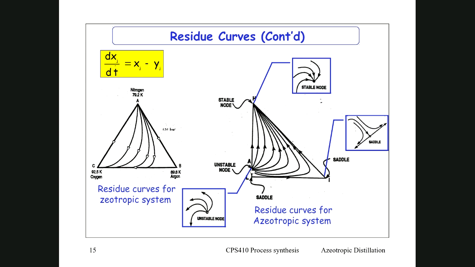And here we have an azeotrope somewhere between H and L, which we mark A, and that is the most volatile component. So remember I said that low boiling azeotropes are the most common.